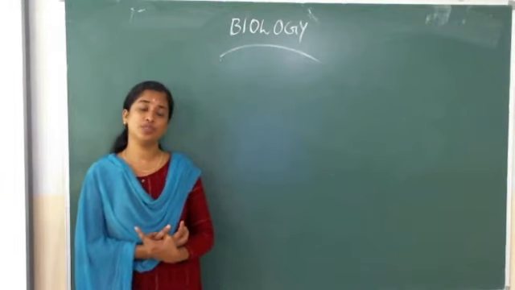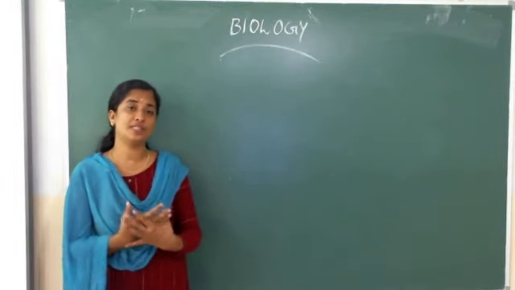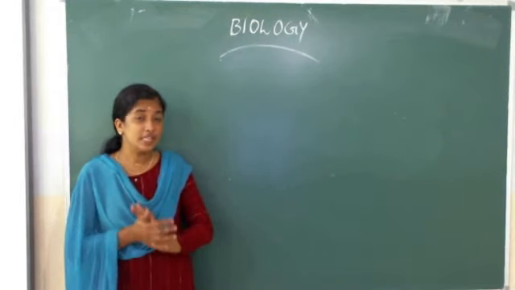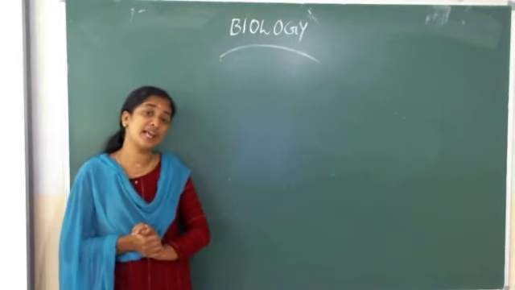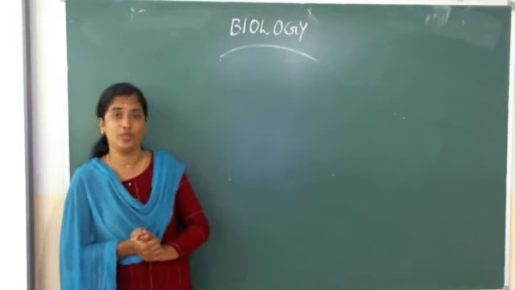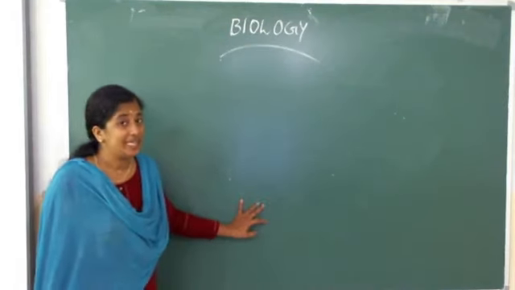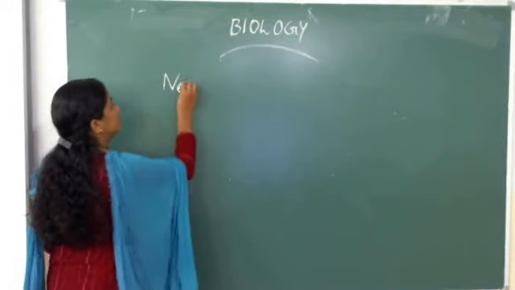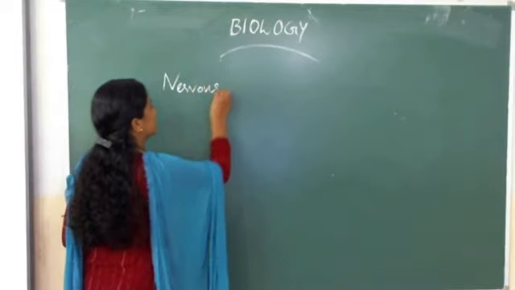What is nervous tissue? A number of nerve cells together form nervous tissue. This nervous tissue is mainly specialized to transmit messages within the body. Today I am mainly explaining about the nervous system.